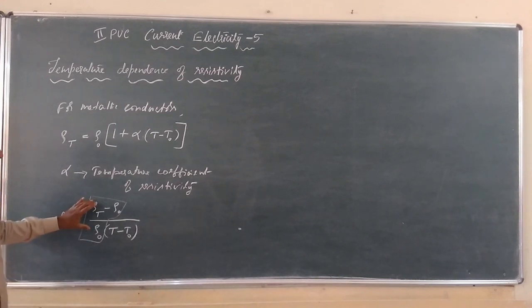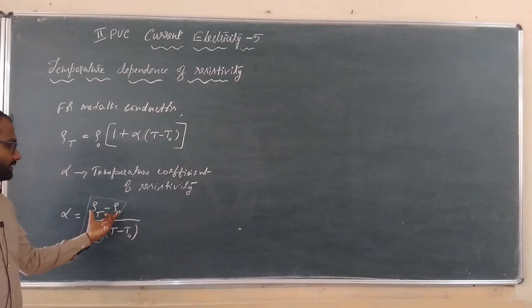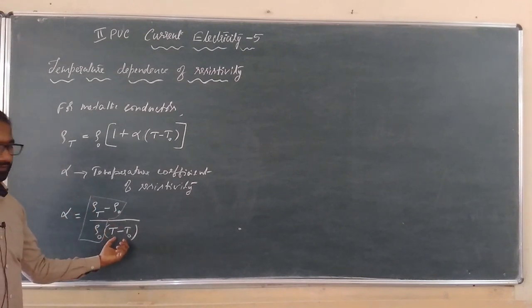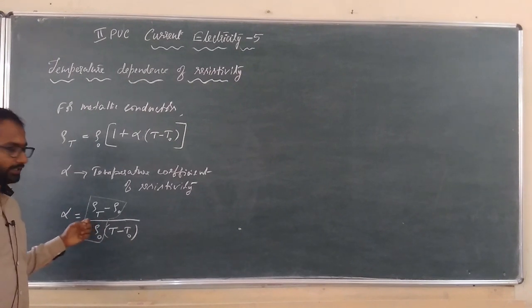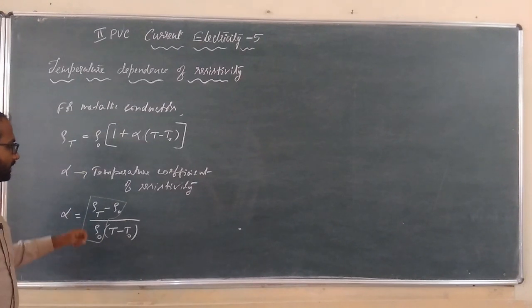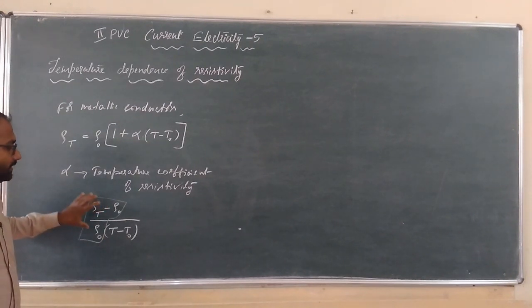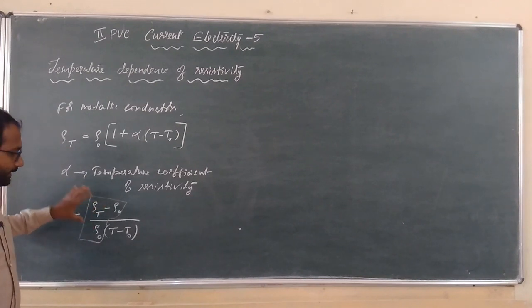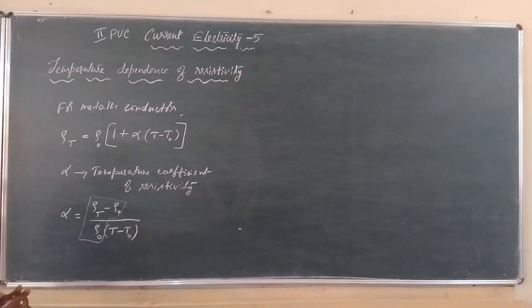The fractional or relative change in resistivity for this particular range of temperature, divided by the initial resistivity at the initial temperature. That is called the temperature coefficient of resistivity.